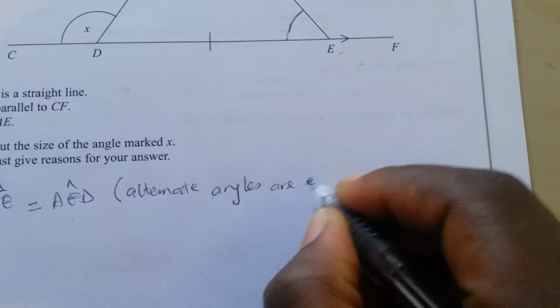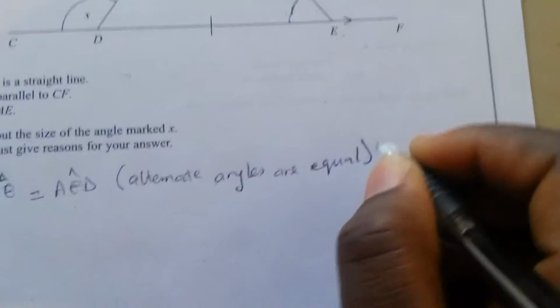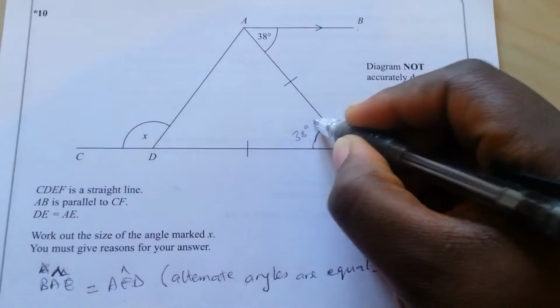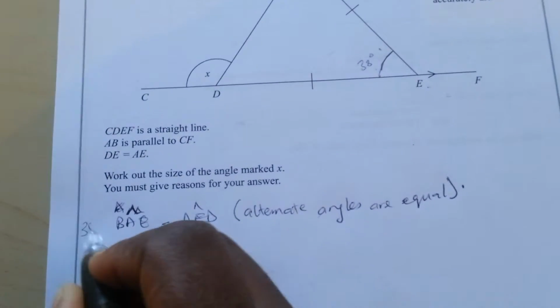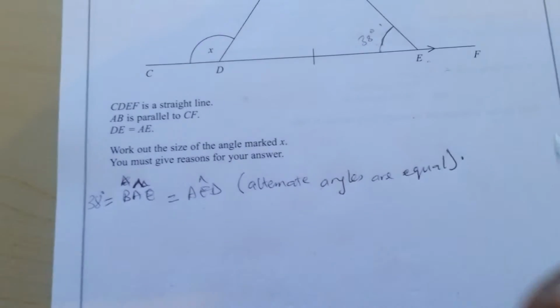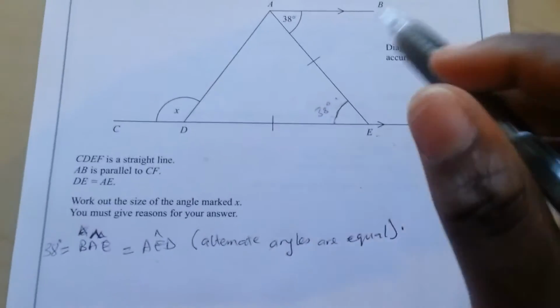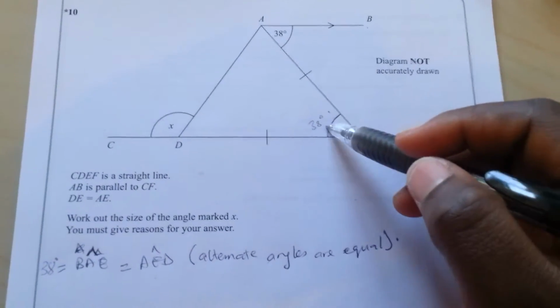Alternate angles are equal. Now, if we have this to be 38 degrees, then 38 degrees is equal to BAE is equal to AED. So you can say that it's 38 degrees.